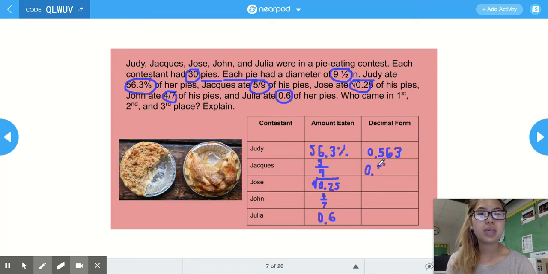When the 5 repeats, I can just write a line on top. Then we have the square root of 0.25, which when we solve, we get 0.5. So 5/9 and the square root of 0.25 are different because 0.5 is a terminating decimal and 0.5 with a line on top is a repeating decimal. So it's actually 0.55555, which would be greater than just 0.5. Then we have 4/7. 4 divided by 7 is 0.571.